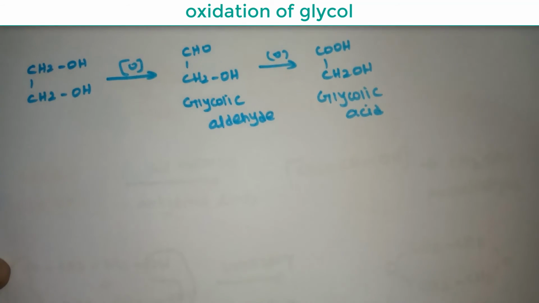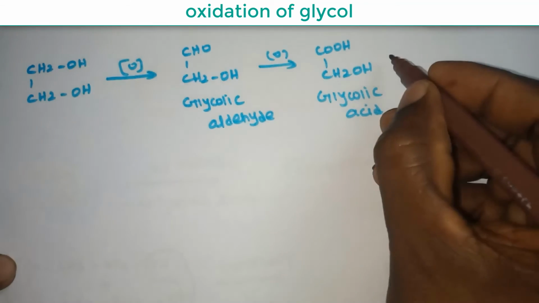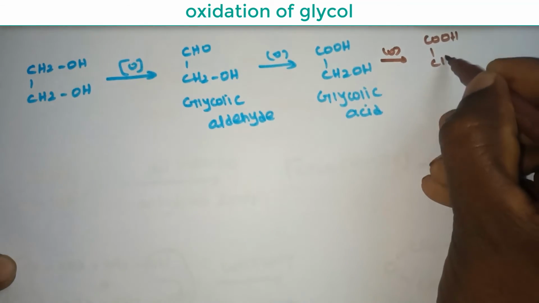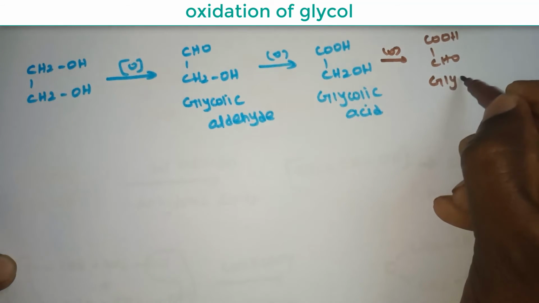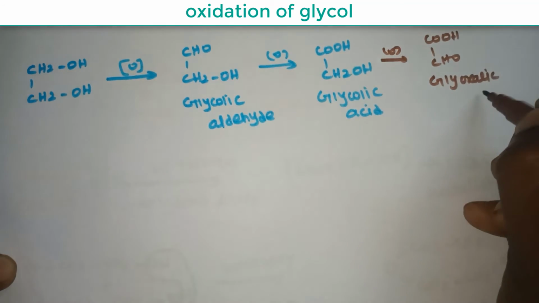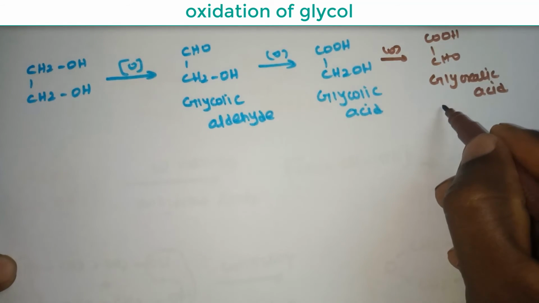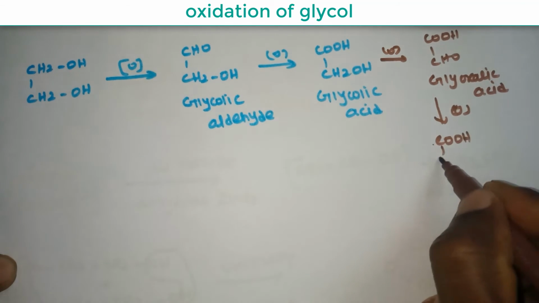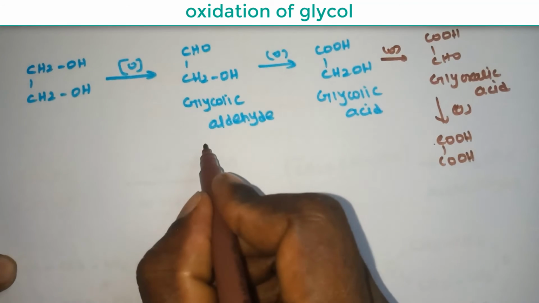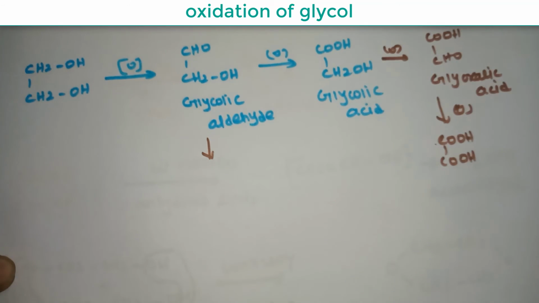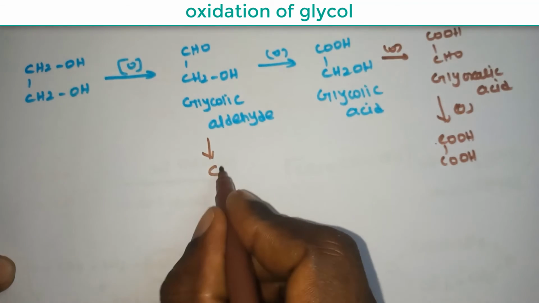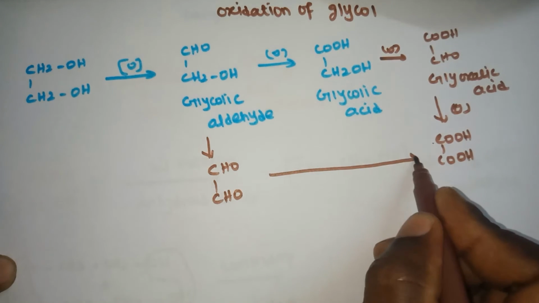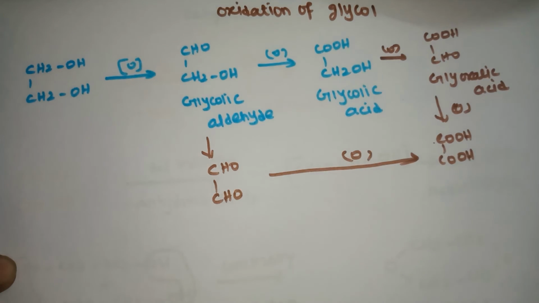This glycolic acid is oxidized into glyoxalic acid. This glyoxalic acid is oxidized into oxalic acid. And glycolic aldehyde is oxidized into glyoxal, CHO-CHO. This glyoxal is oxidized into oxalic acid. This is the oxidation reaction of glycol.